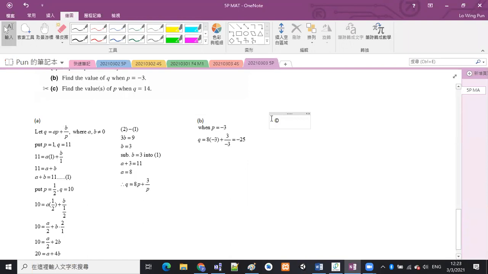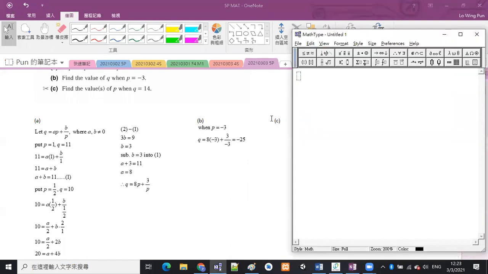Okay. Then part C. Find the values of P when Q is 14. So just when Q is 14, put into our equation. 14 is equal to 8P plus 3 over P. And this is a fraction, and it is not the only fraction on one side.